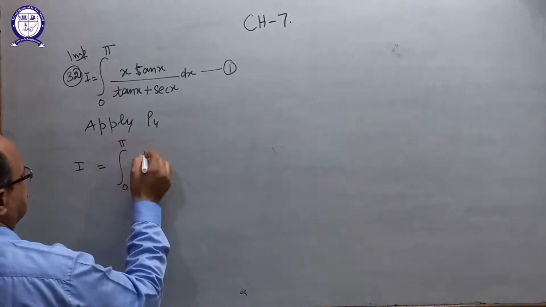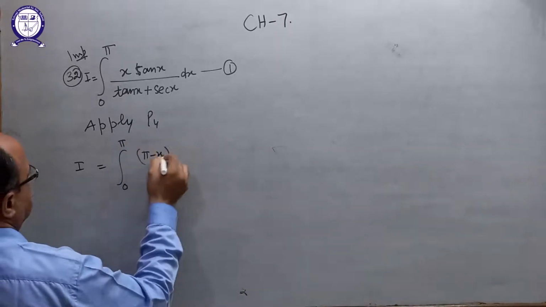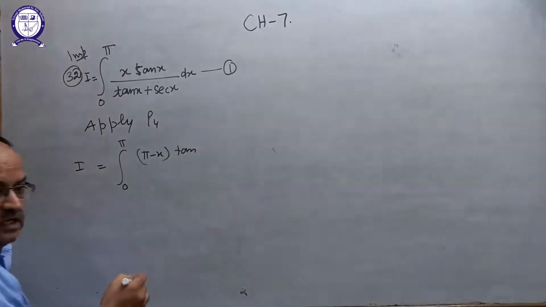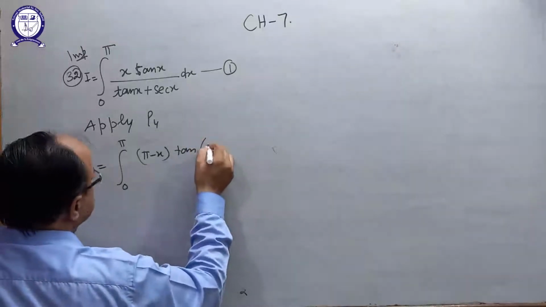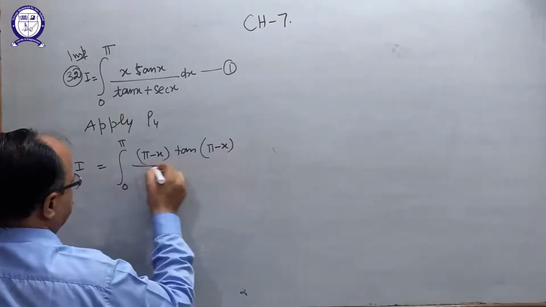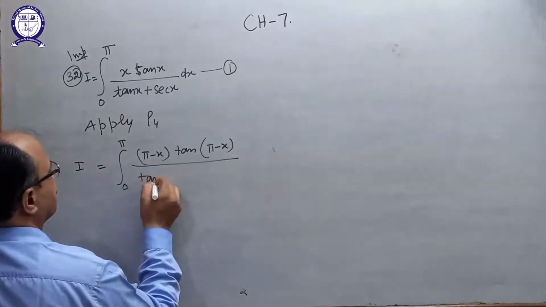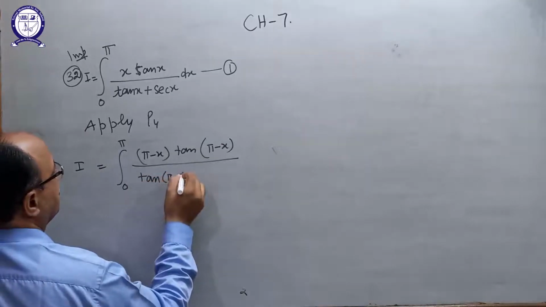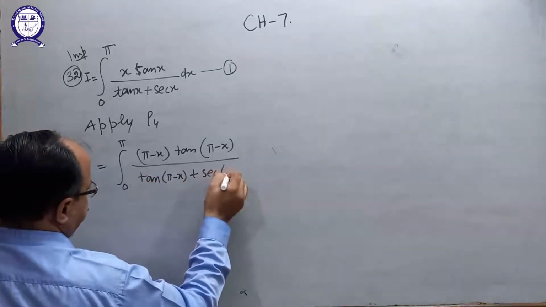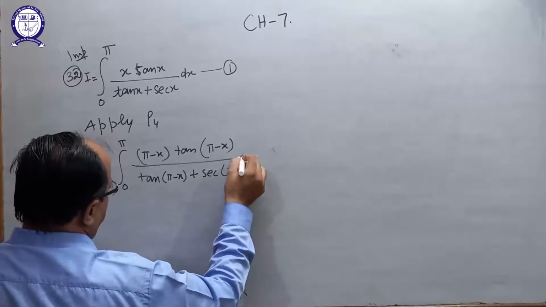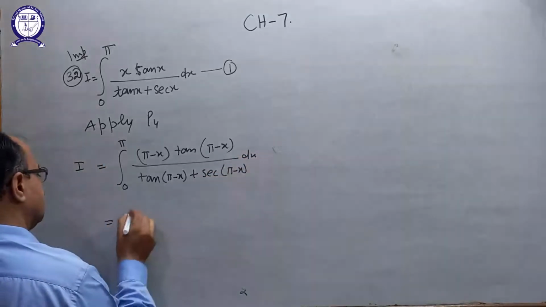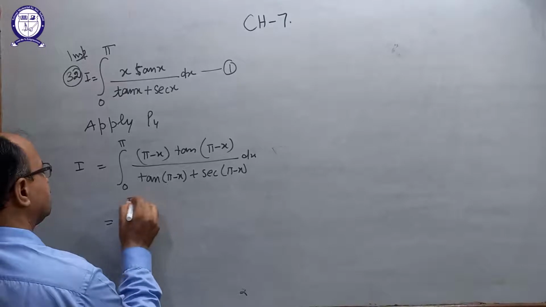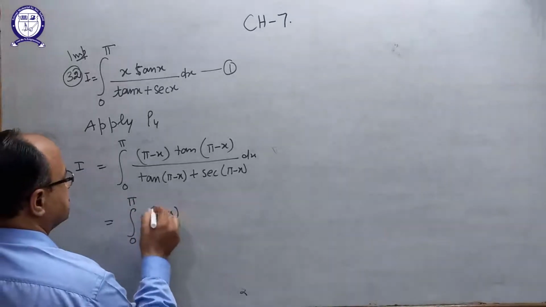Integration 0 to pi, (pi minus x) tan (pi minus x) upon tan (pi minus x) plus sec (pi minus x) dx.